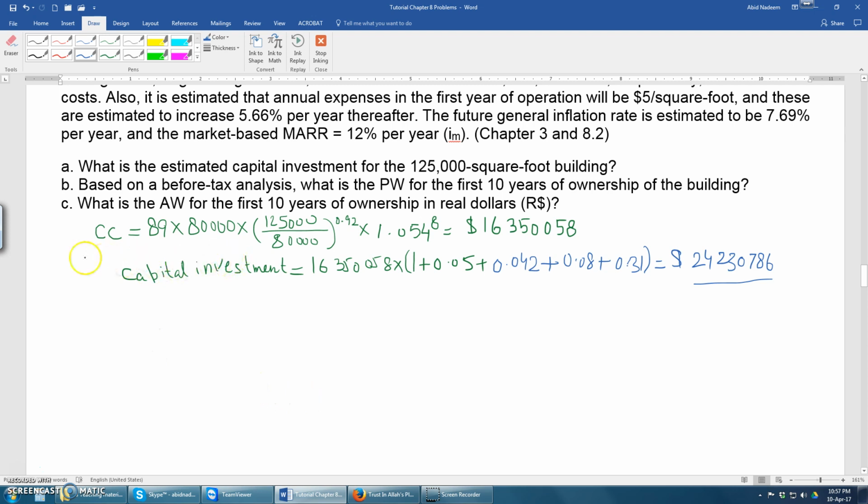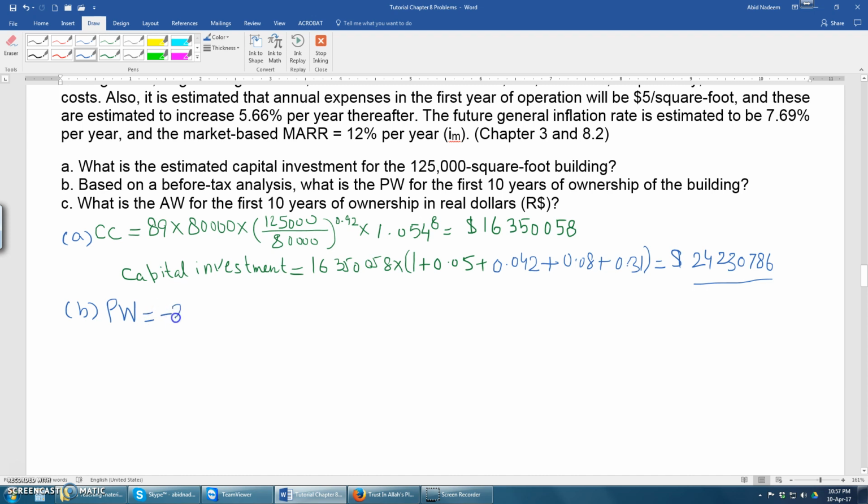So for part B, based on the before tax analysis, what is the present worth of the first 10 years of ownership of the building? So we need to find the present worth of the 10 years of the ownership of the building.